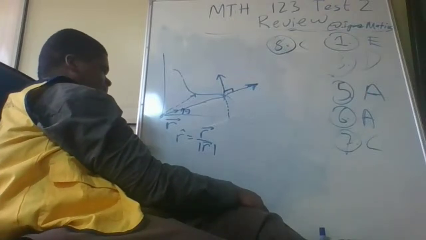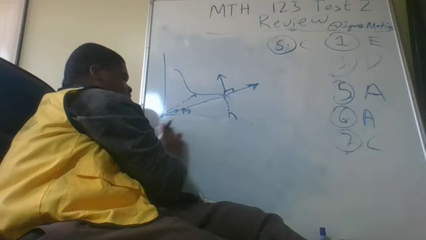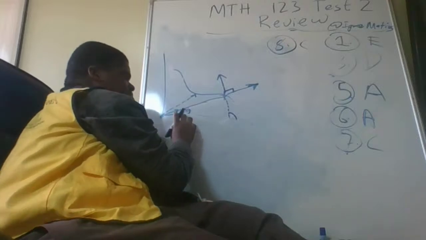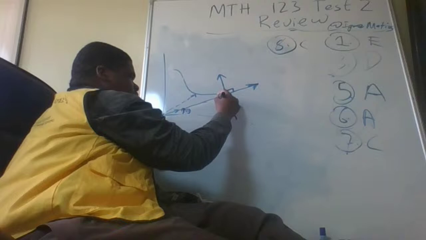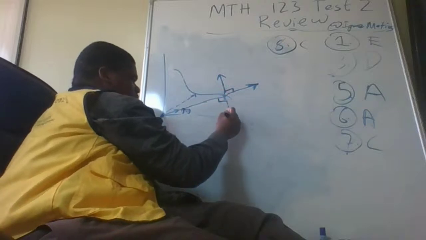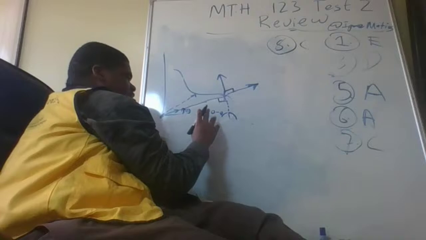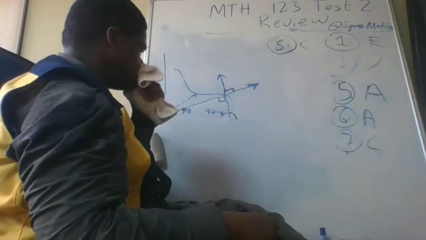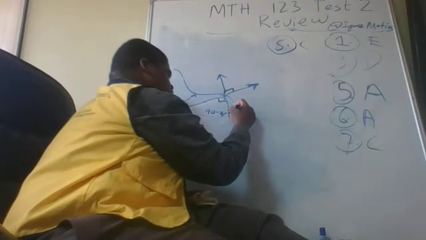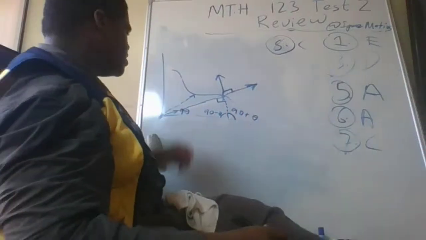If this angle here is theta, and this angle here is 90 degrees, then this angle that is here is going to be 90 minus theta. If this angle is 90 minus theta here, then this angle that is here is going to be 90 plus theta. Now, how do we get this?